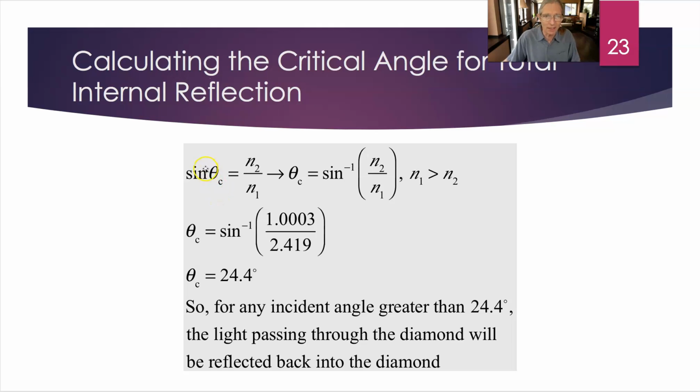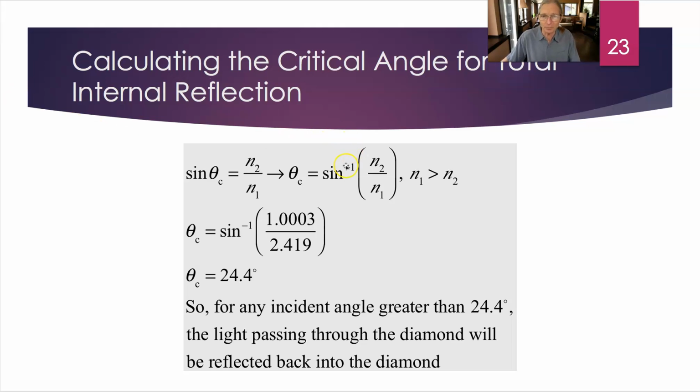So we know the sine of the critical angle equals N2 over N1, where this is the index of refraction for the less dense medium over the index of refraction for the more dense medium. That's the only way sine will work, because the sine of any angle is between -1 and 1.